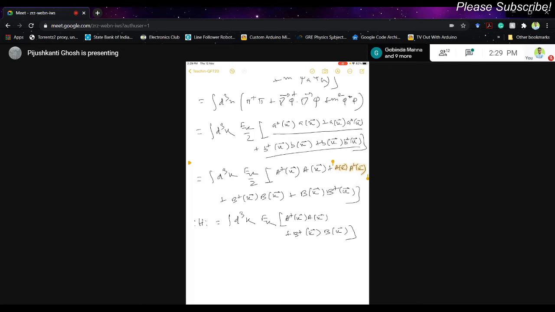So there are two a dagger k ak terms, so that one a dagger ak. Similarly, for b dagger bk and bk bk dagger, the first term is already normal ordered. The second term is not in normal ordered form. If you do the normal ordering, then you get b dagger k bk. So there are two. There is a half factor, so it cancels out. So there is no half factor there.